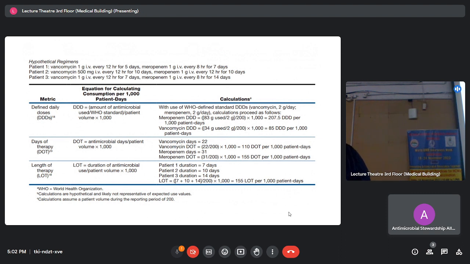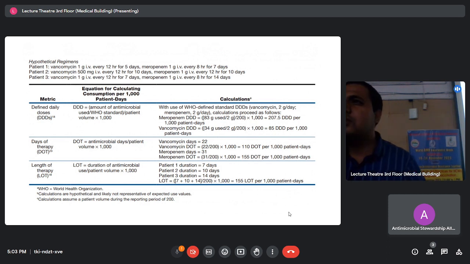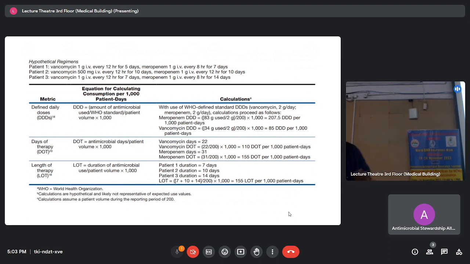For patient 1, 7 days, patient 2, 10 days, and you are summing up the whole of this, so in a nutshell it does not serve that purpose. Sometimes it is used as a process indicator, sometimes it is referred to as an outcome indicator. However, the take home is that these two are the parameters that we use for assessing the outcome and for making comparisons.